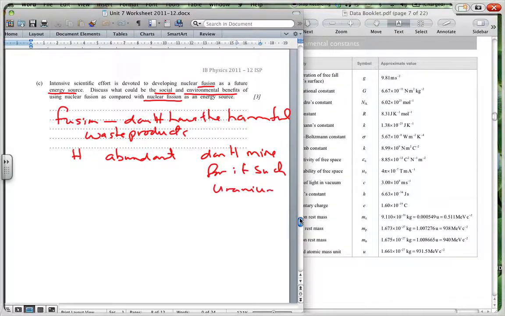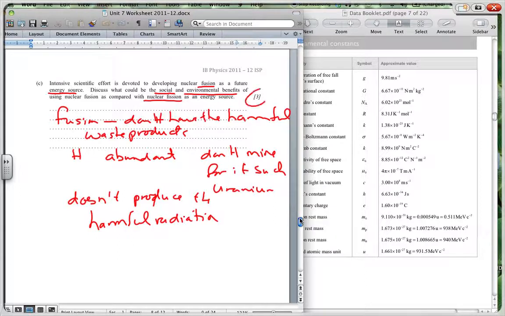Also, it doesn't produce the same sort of harmful radiation as does nuclear fission.